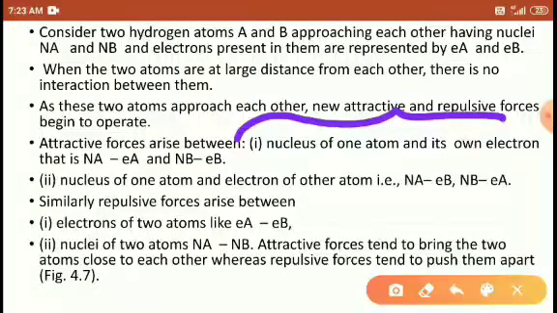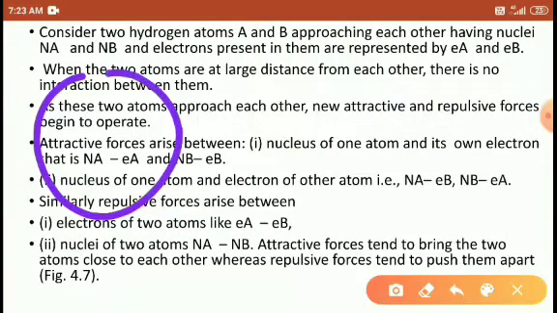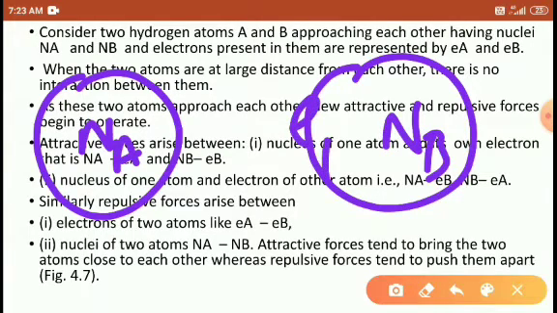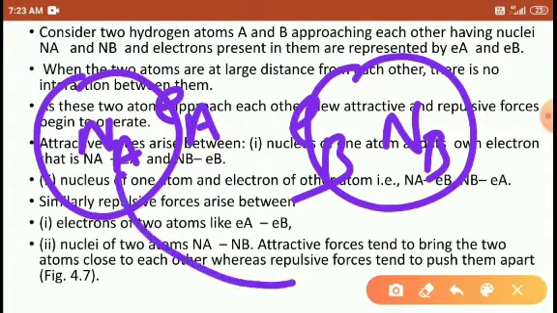The nucleus Na attracts the Eb electron.